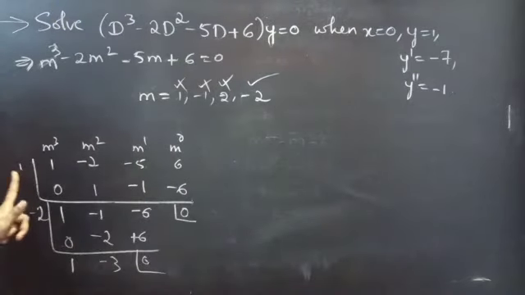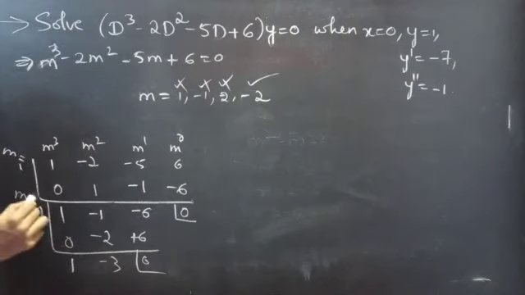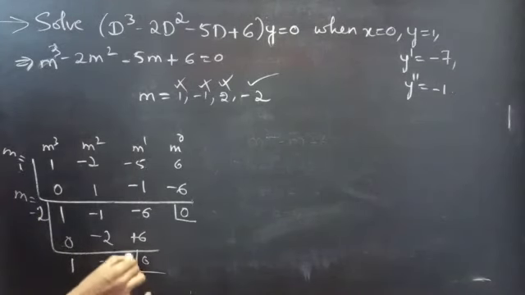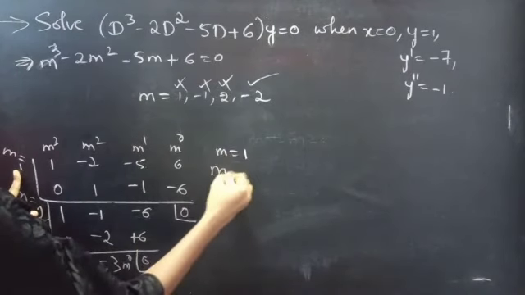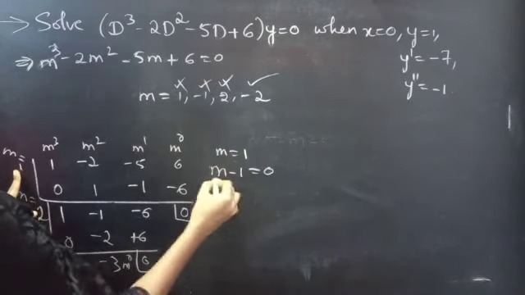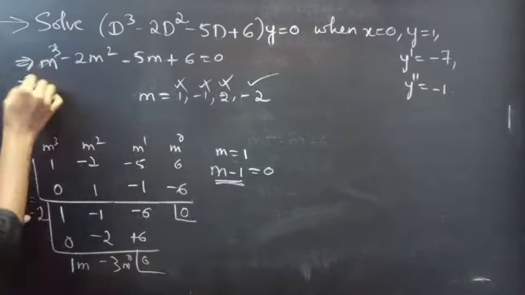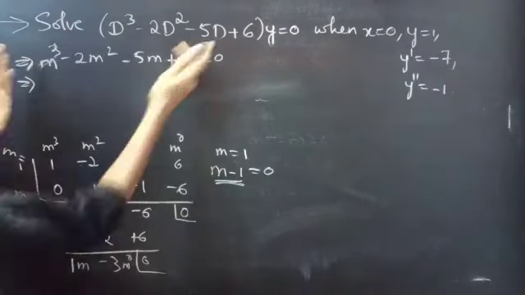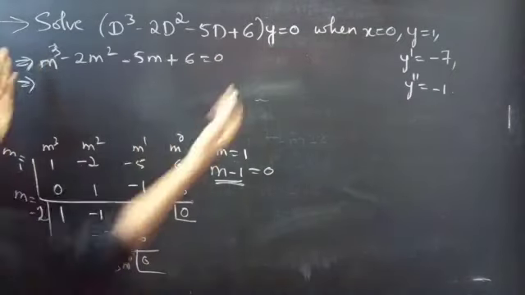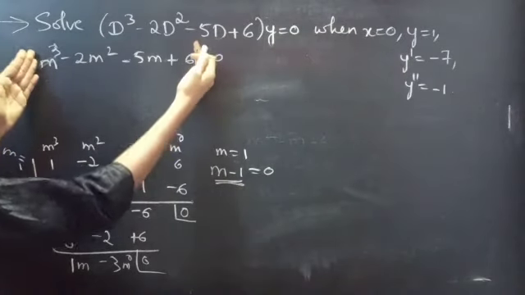So here you are having m equals 1, and here m equals minus 2. From this we'll get m minus 3 as one factor. From the first one, m equals 1, you'll get m minus 1 equals 0, so m minus 1 will be one factor of this polynomial. I'm not talking about the equation, I'm talking about the polynomial.